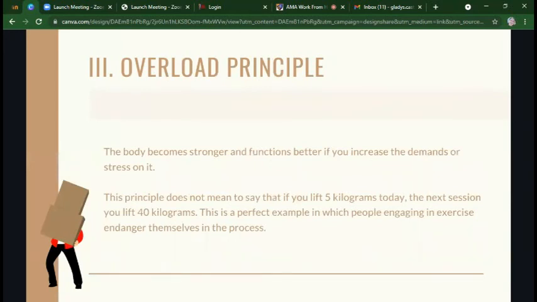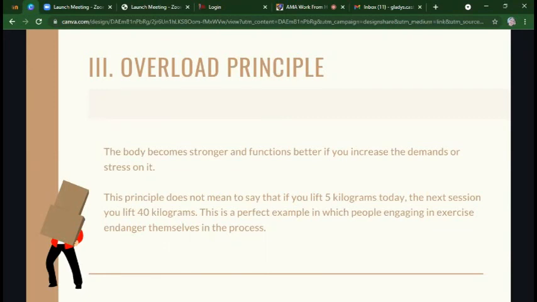Third part, the overload principle. Our body becomes stronger and functions better if we increase the demand or stress on it. This principle does not mean that if you lift 5 kilos today, the next session you will lift 40 kilograms. No. This is a perfect example in which people who engage in exercise endanger themselves in the process.